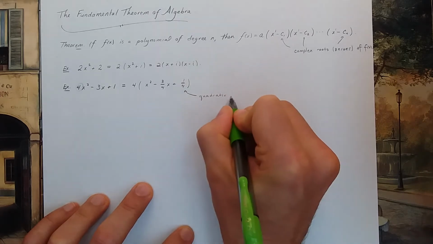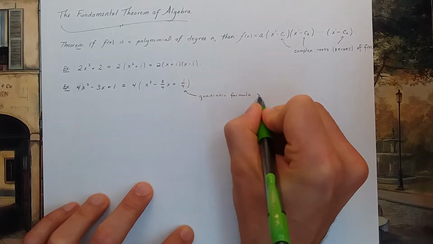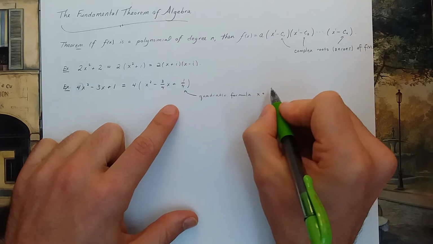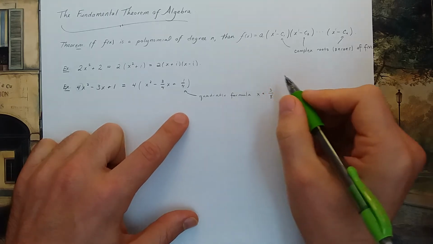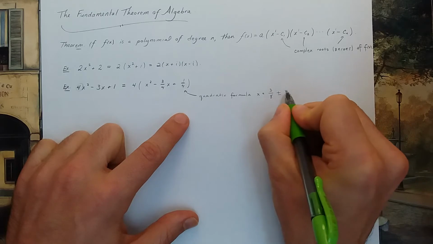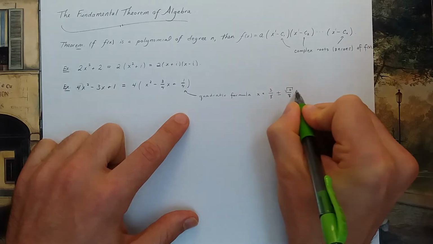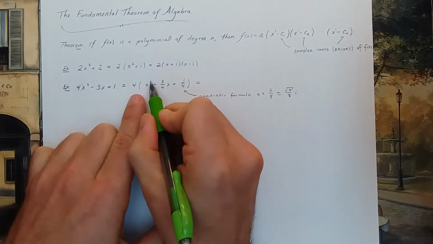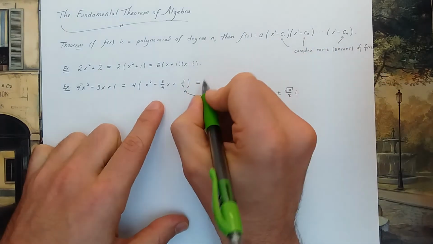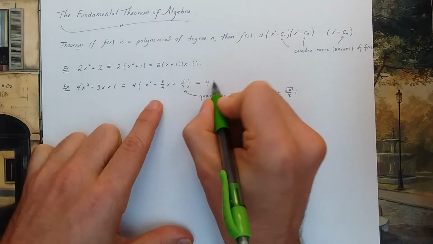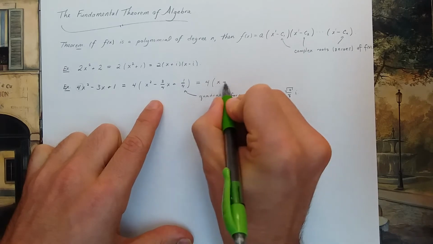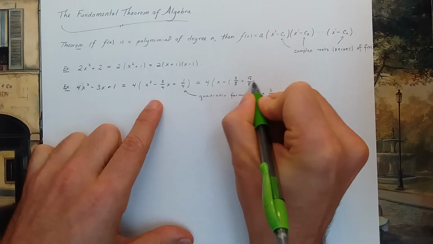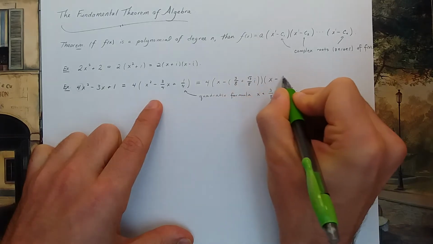The quadratic formula tells me that the roots of this quadratic polynomial are x is 3/8 plus or minus the square root of 7/8 i. So you can use the quadratic formula to find this, meaning I can factor this degree 2 polynomial into linear terms and have 4 times x minus one of these roots times x minus the second root.